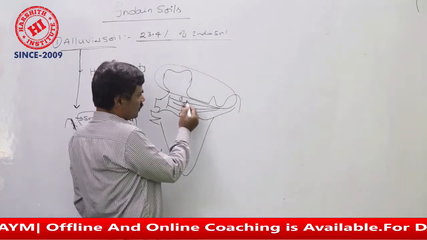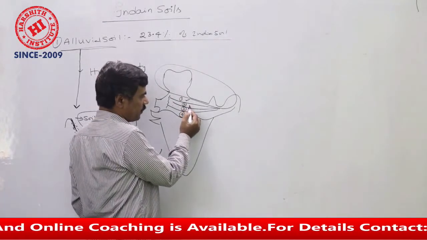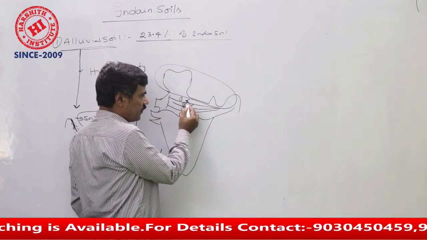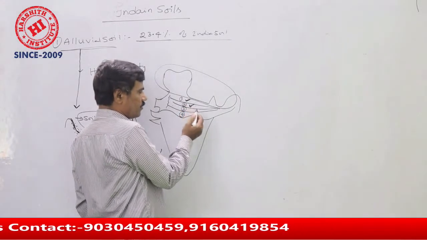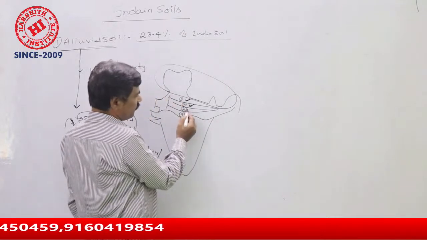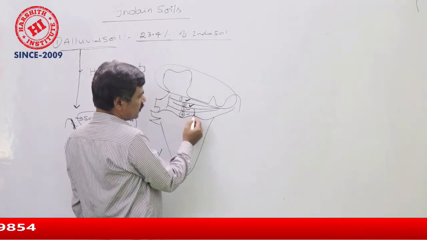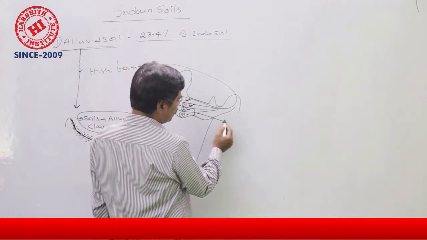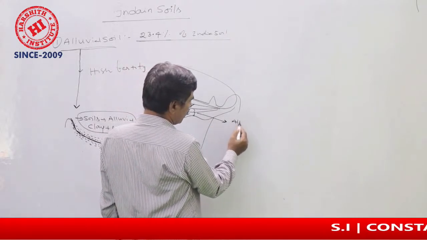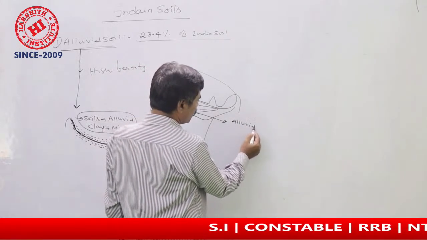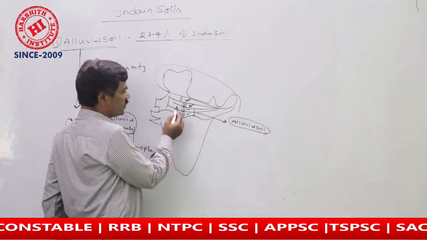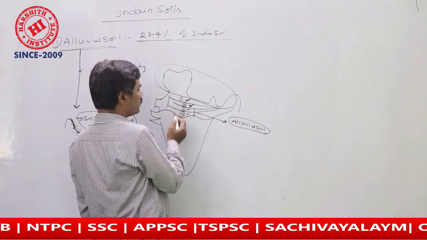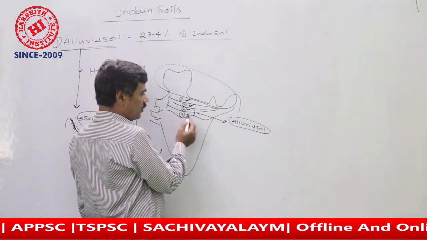In the first two, the soils are deposited as heavy material, a grained material like marshy soil. In the third and fourth regions, alluvial soil is deposited by the Ganga and also its tributaries. The third one is the Bangar alluvial soil, the fourth one is the Khadar alluvial soil.